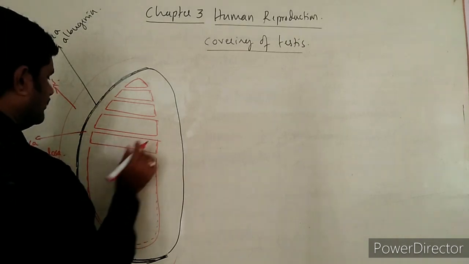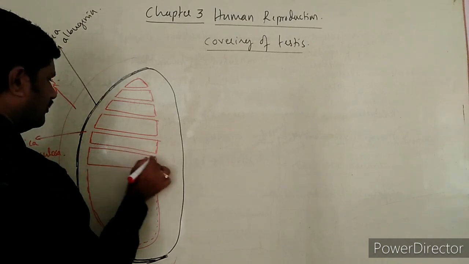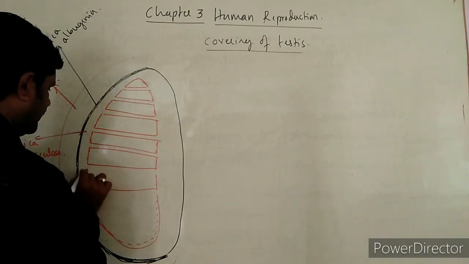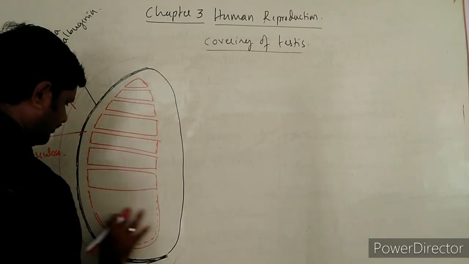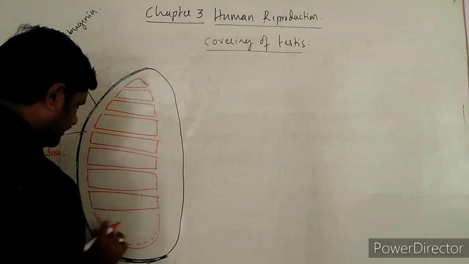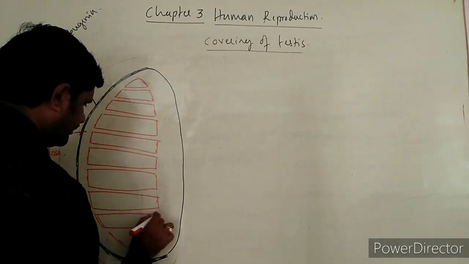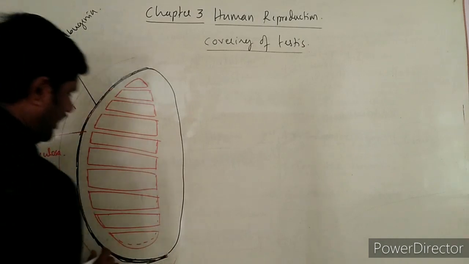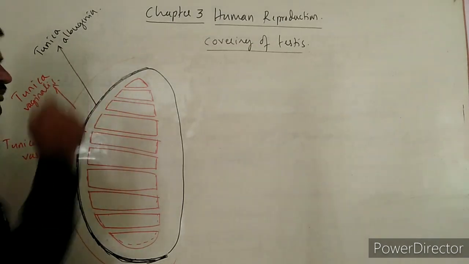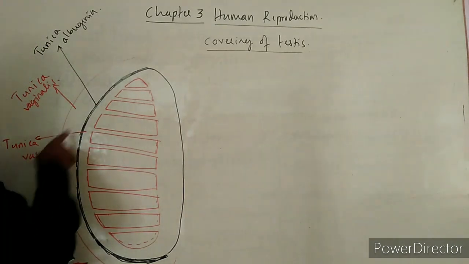Like this there are 250 testicular lobules here, and all of them contain slightly coiled tubular structures. Those coiled tubular structures inside each testicular lobule are called seminiferous tubules.